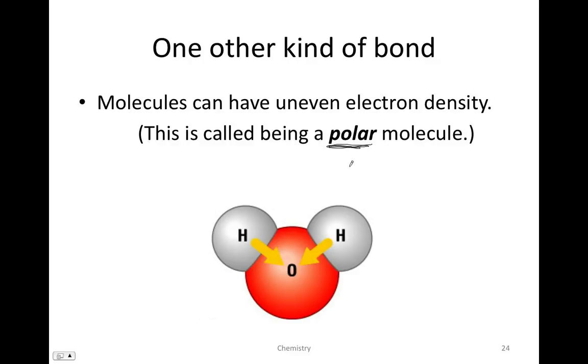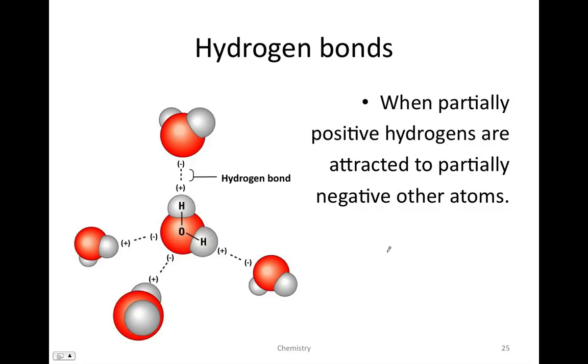Water is an example of a polar molecule because the hydrogens up here are kind of a little bit positively charged because they just have one proton pulling on the electrons. The electrons are pulled a lot more toward the oxygen that has a bunch more protons pulling tightly on them. So this part of the molecule is partially negatively charged. This part of the molecule is partially positive charged. There's a definite pole here, a definite difference.